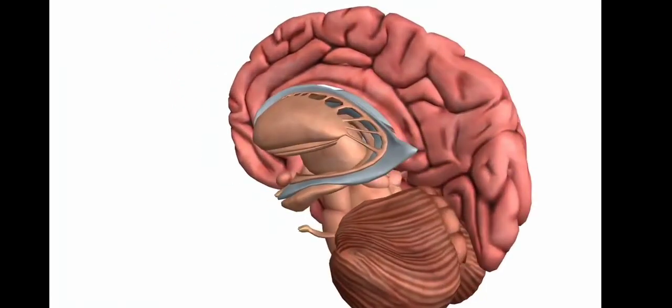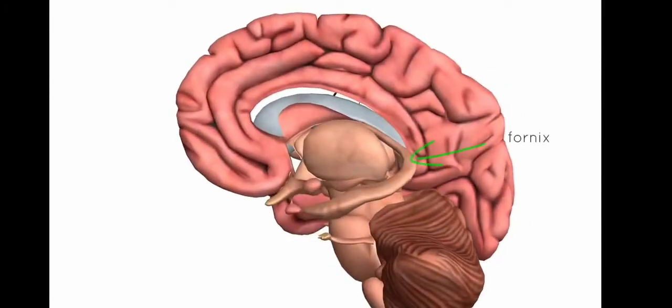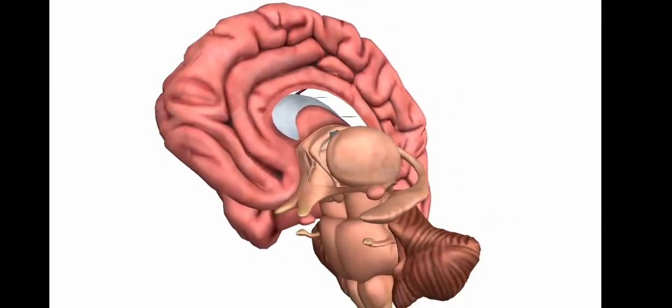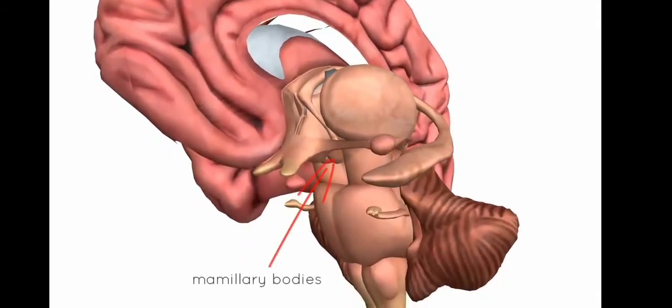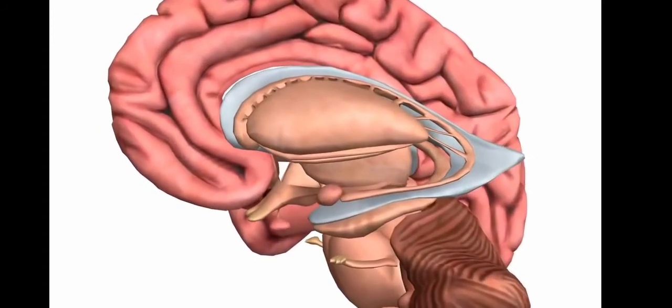Then, once I remove this ganglia here, yes, this is the fornix. Next, the mammillary body. Yes, so these are the two mammillary bodies you can see in the base of the brain.